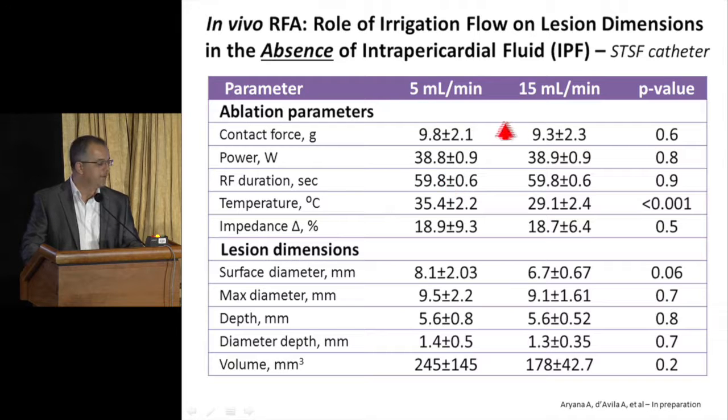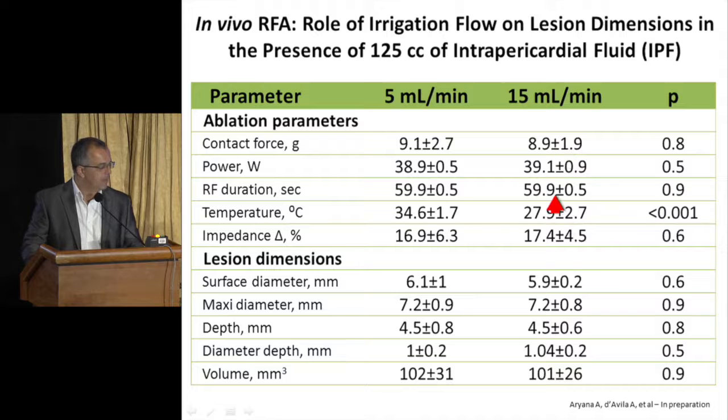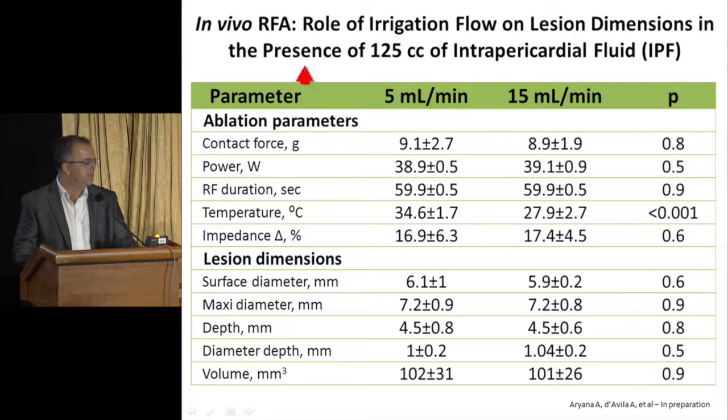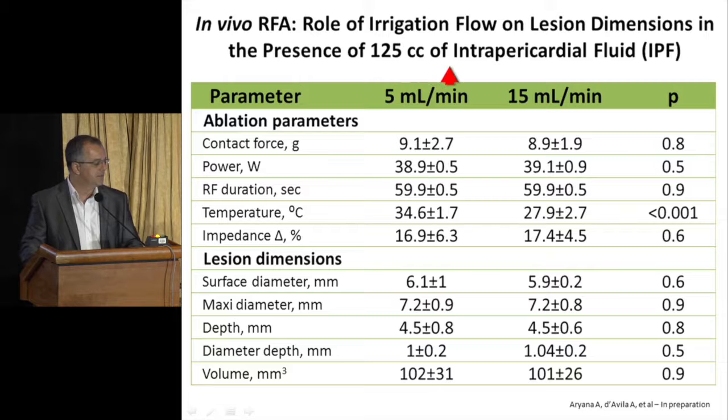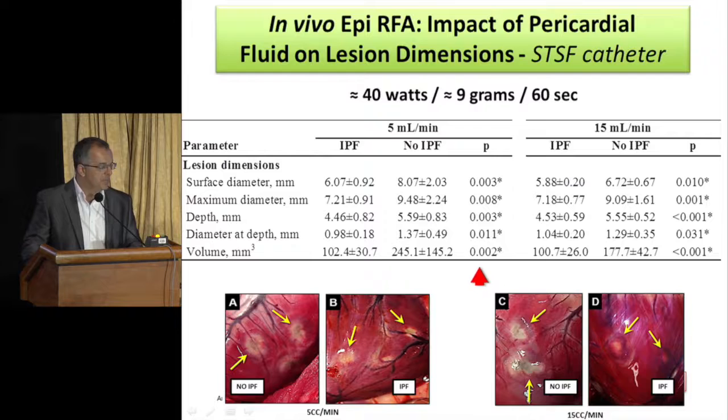If you're using 5 or 15 milliliters per minute, lesion size will be very similar with a contact force of 10 grams. However, if you, on purpose, inject 100, 150 cc's of saline inside the pericardial space, as you can see here, again, depending on the flow, my lesions will be quite similar. So the flow does not change lesion size, but the presence of pericardial fluid does.